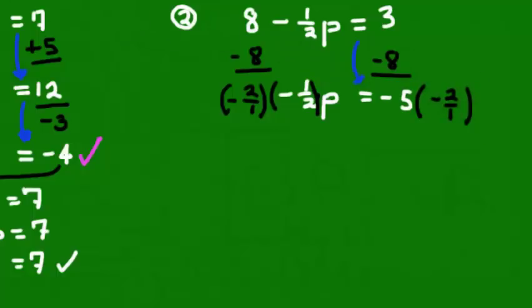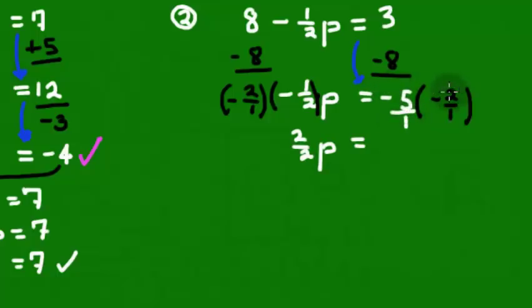You're thinking, well, what does this accomplish? Well, when we multiply these two things together, a negative times a negative is a positive. And when you multiply fractions, you multiply numerator times numerator, denominator times denominator. So you're going to get 2 over 2p. And here right now that's negative 5, which is negative 5 over 1.